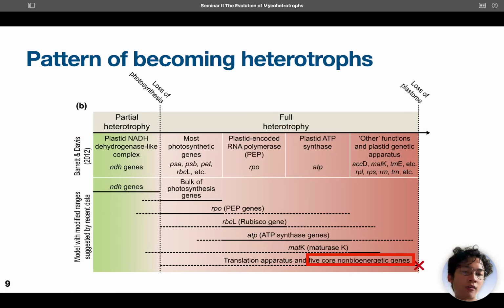This chart clearly shows the pattern of gene losses in the evolution of these mycoheterotrophic plants.